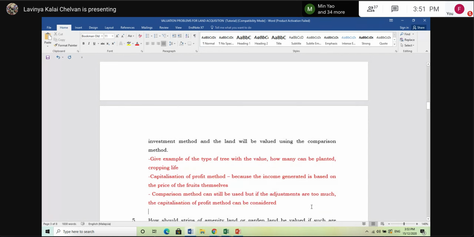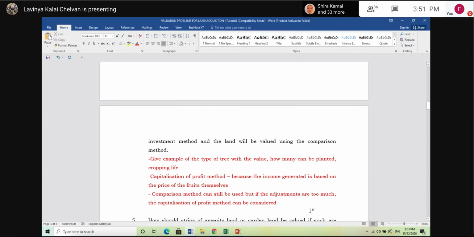You must say that what I mean is no comparable, meaning you don't have the most suitable similar transaction. You don't have a transaction of Dusun land in the area, but you have other types of agriculture land.